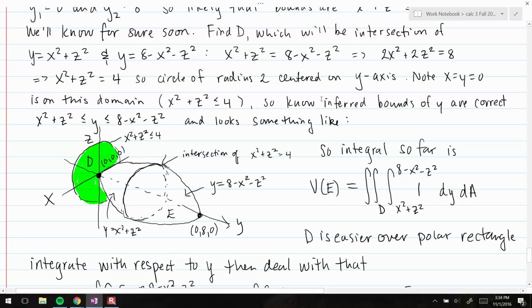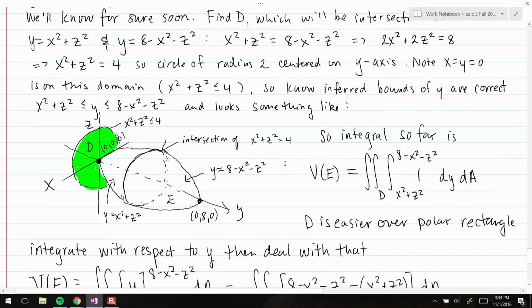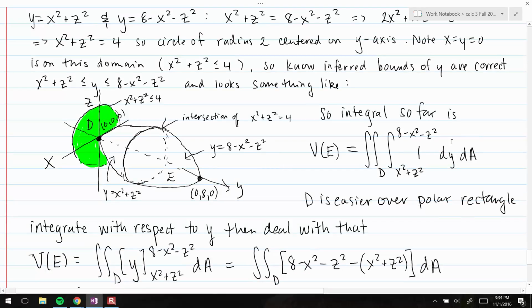We have a lot going on here. The domain D that's in green is what we're going to do with our outer double integral. At this point, it might be good to handle the innermost integral of your triple integral and then start looking at your domain D and piecing that together.